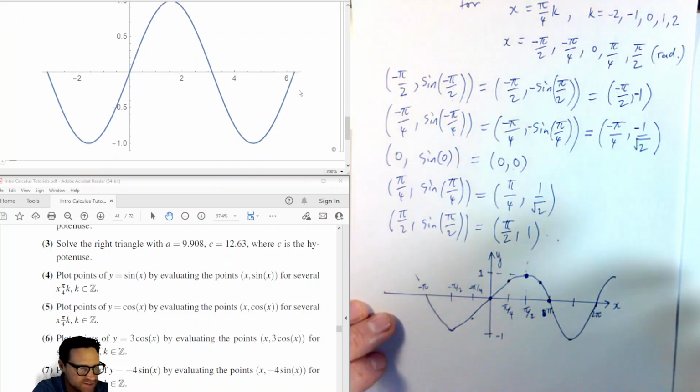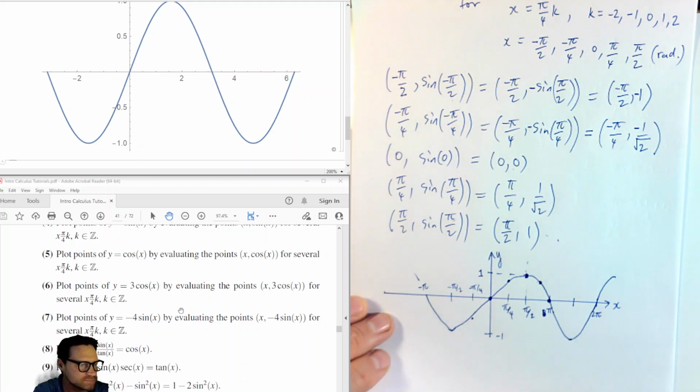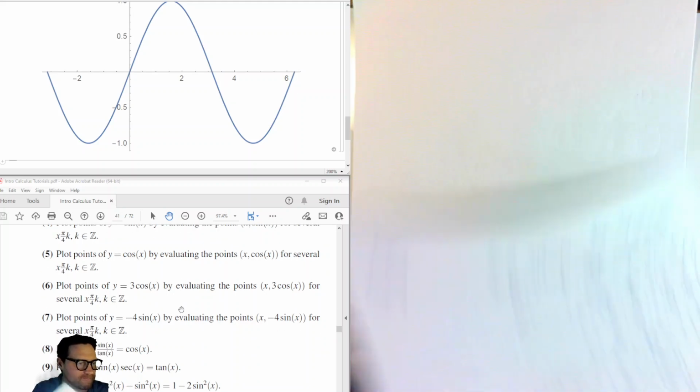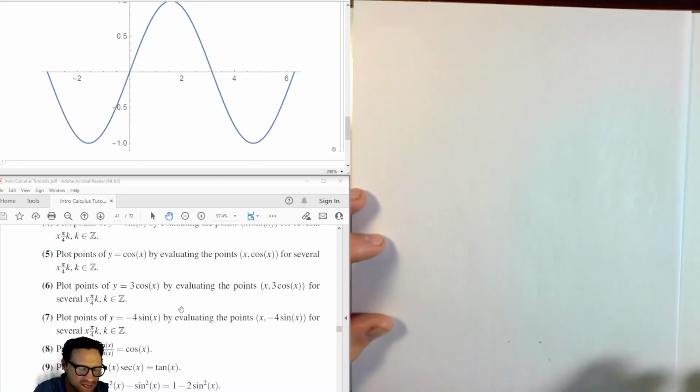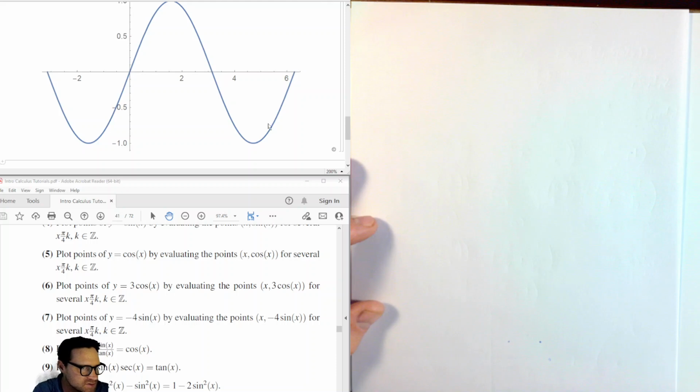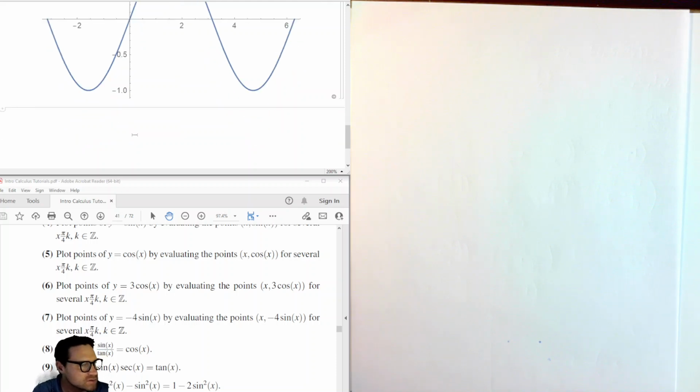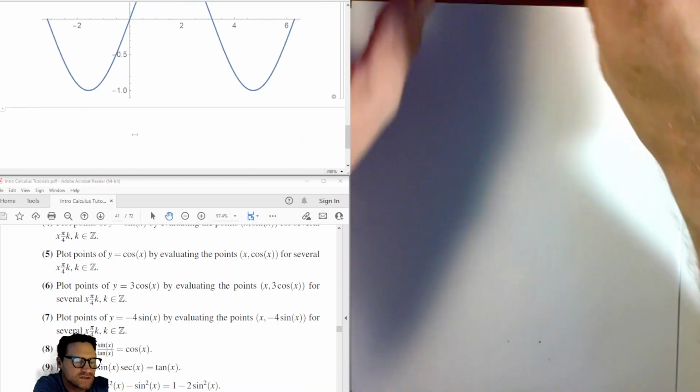So let's move on and do question 5. Okay, except this time I think I'm going to use Mathematica to help me out to evaluate the points.